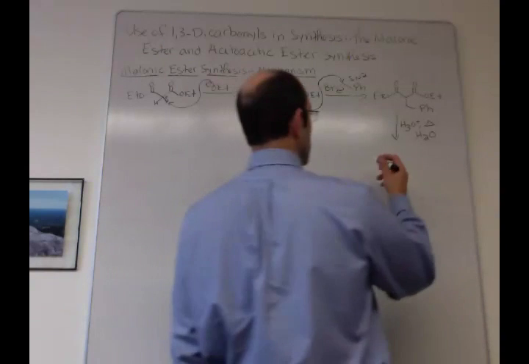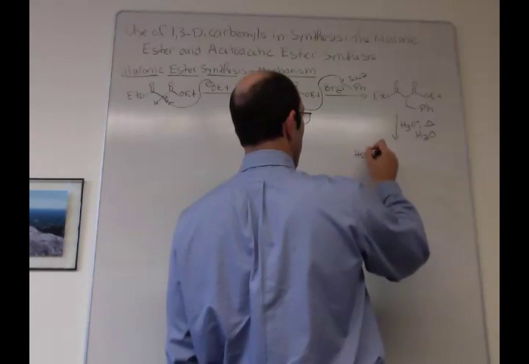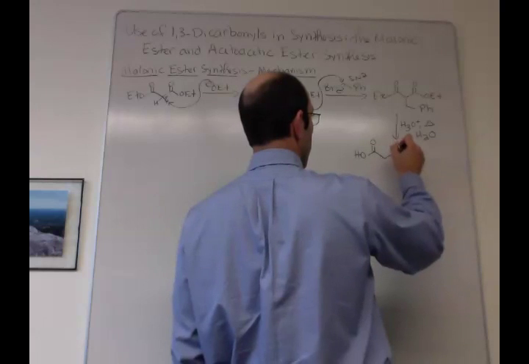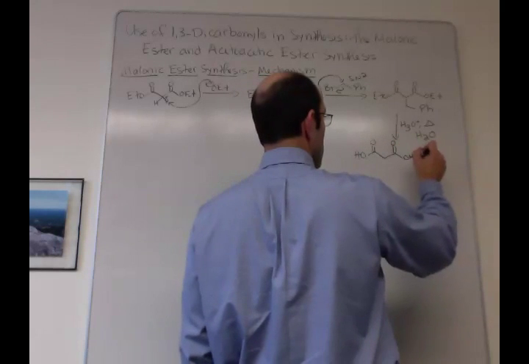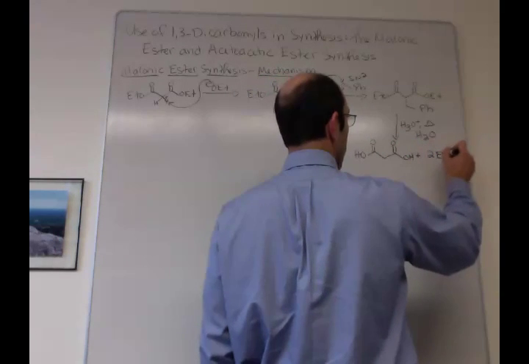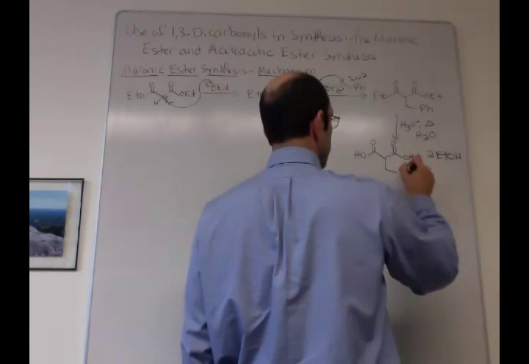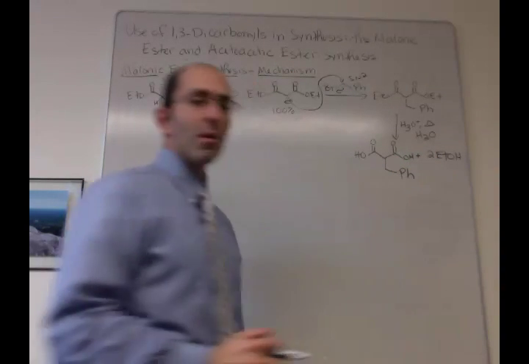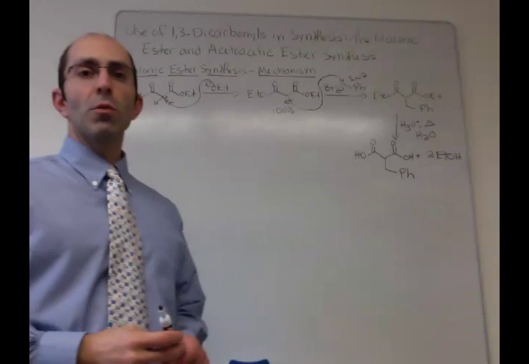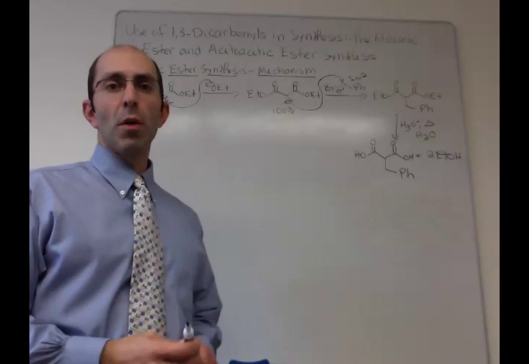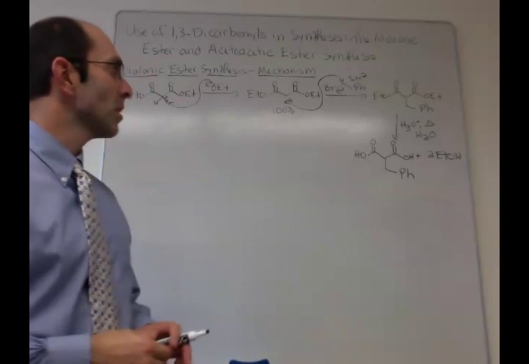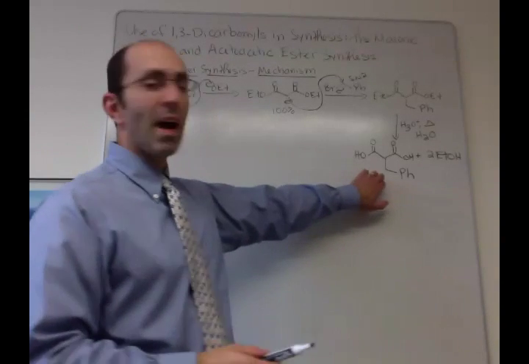This is a useful mechanism for you to draw out. I'm not going to draw it out here, but we should be okay with that reaction. We're just turning an ester into a carboxylic acid. In this case, we're doing it twice, so that we end up with this diacid.